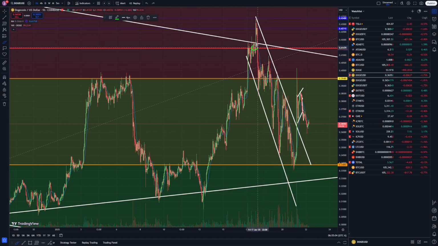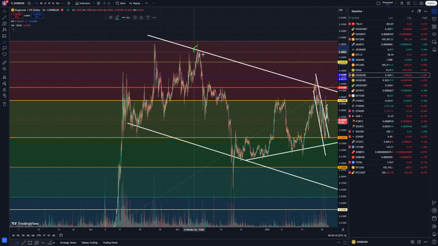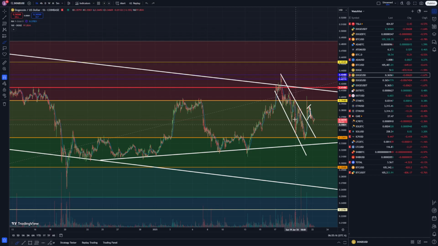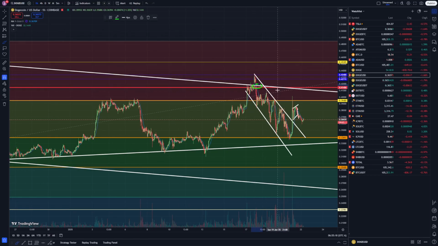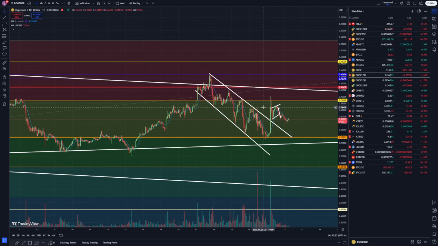I thought when we broke that, we were going to start going really high. It seemed like it, because there was resistance right here and it seemed like we were starting to break it, and then nope, came back down, got rejected right at that area where I took profits, and now we're back down at around 11%.